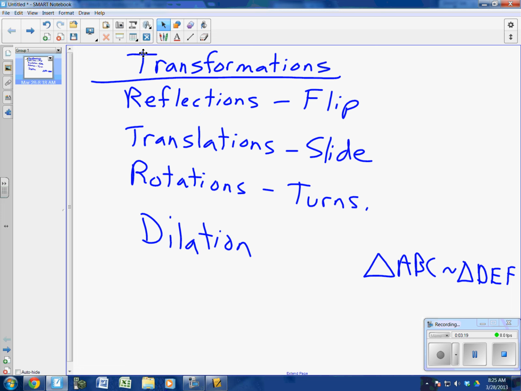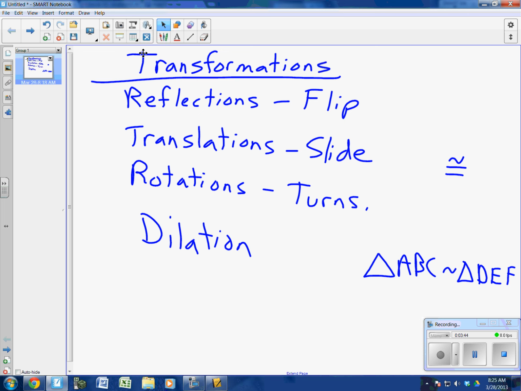By the way, what is the symbol for congruent? An equal sign with a little squiggly mark over it. That's congruent. What does congruent mean? They're the exact same shape and size. They're equal. All right, finish it, Andrea.